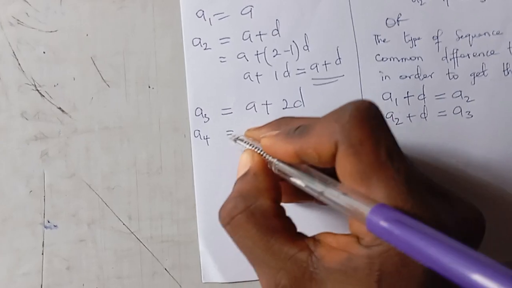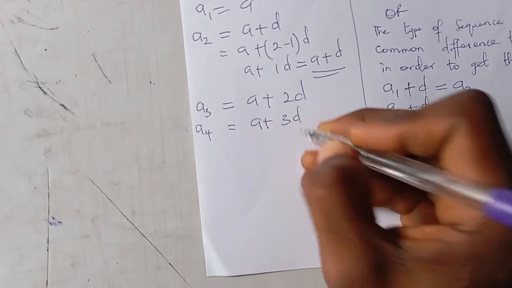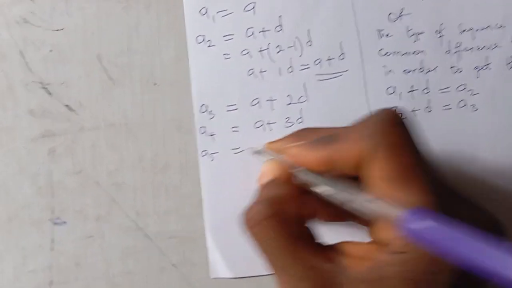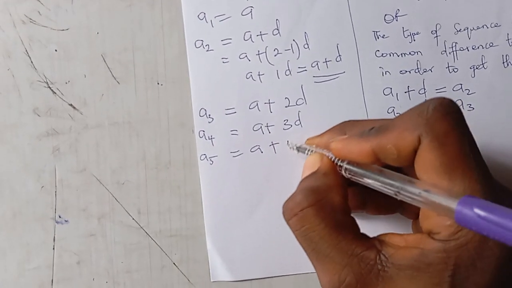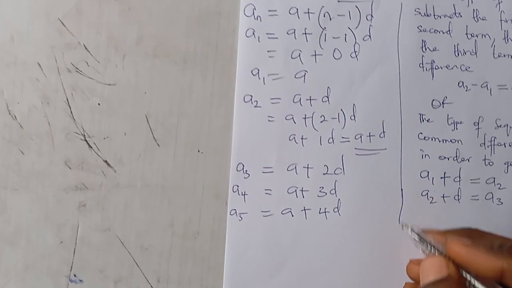E4 is just E plus 3D. E5 is just E plus 4D. So if I know this, what of the sum of the nth term?